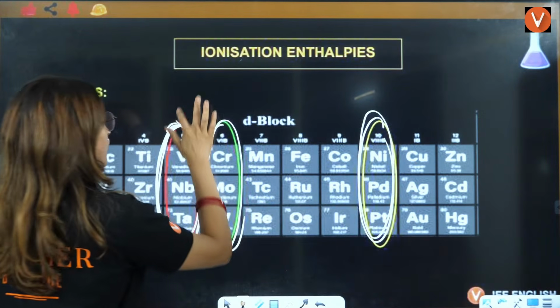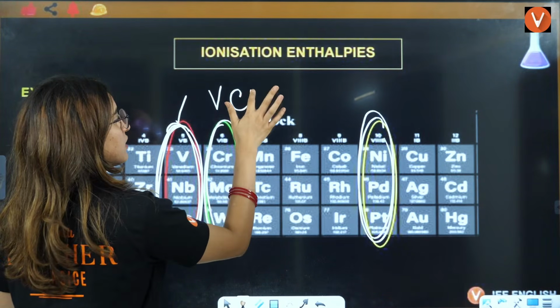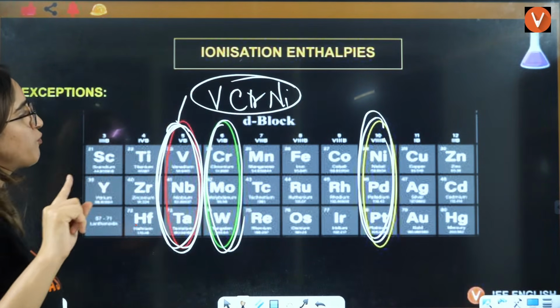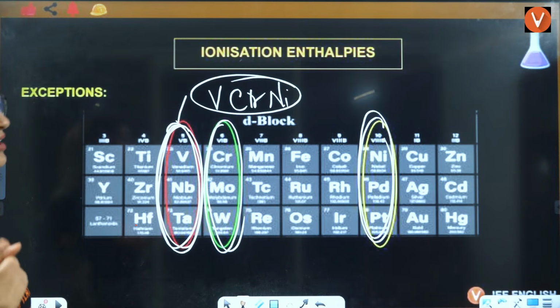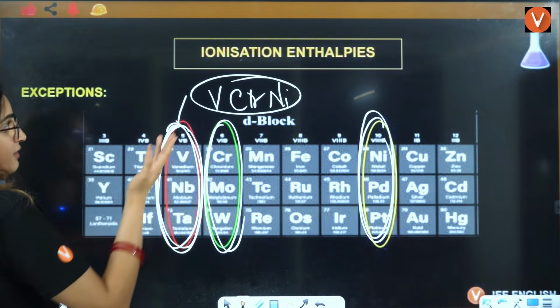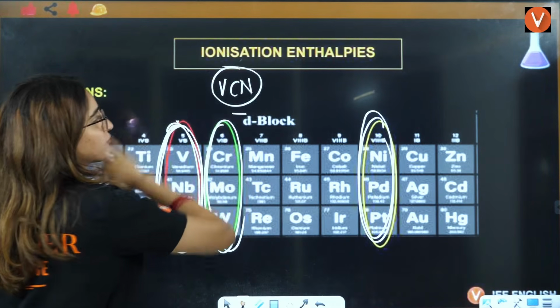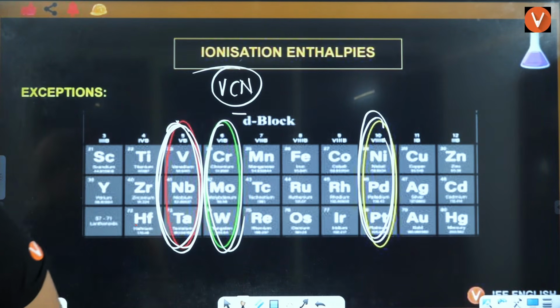You can see V, Cr, Ni, whatever, you have the exception.